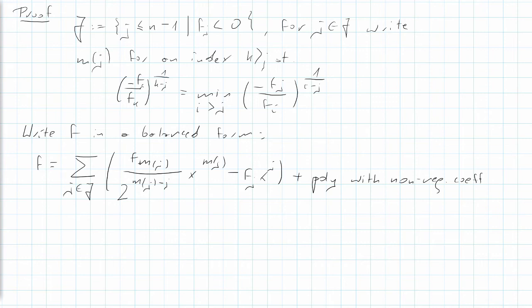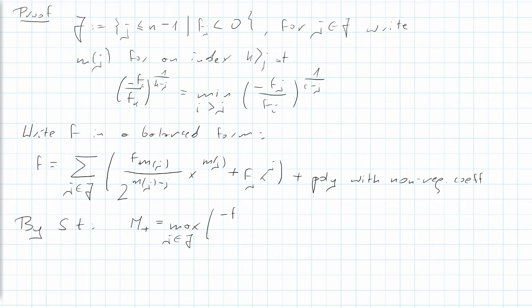So by Stefanescu theorem, the upper bound for the real roots of f can be computed as the maximum for j in J. Here we have plus fj, but remember that fj is negative, so we need a difference of two monomials with positive coefficients, so we must replace fj by minus fj.